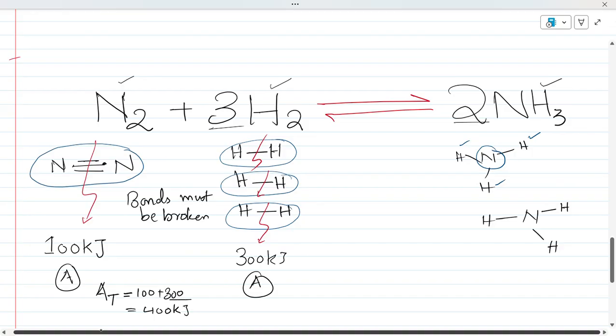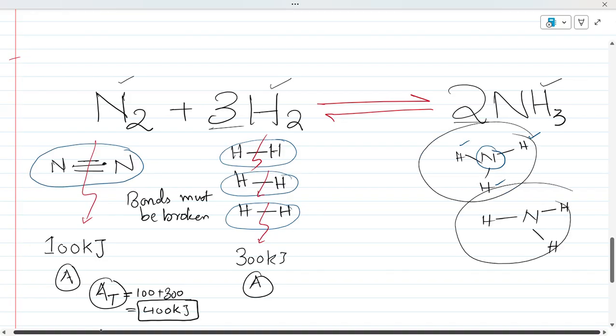So for this particular chemical reaction, 400 kilojoules of energy must be absorbed in order to break the bonds between the reactants. Once this amount of energy is given to the reactants, they are free to move, they can easily react together and form the ammonia molecule. Once the ammonia molecule is made, this is bond making.